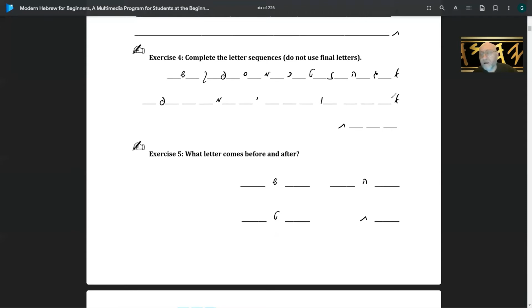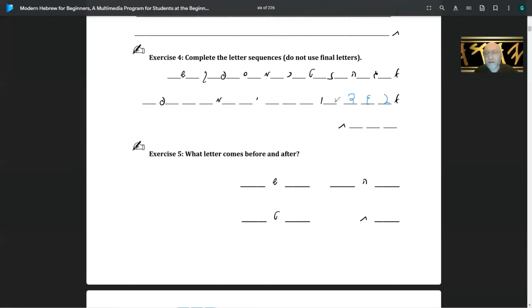Okay, so here's Aleph, Bet, and this goes this way, Gimel. Aleph, Bet. Nope, hold on here. Aleph, Bet, Gimel, and it goes like this.